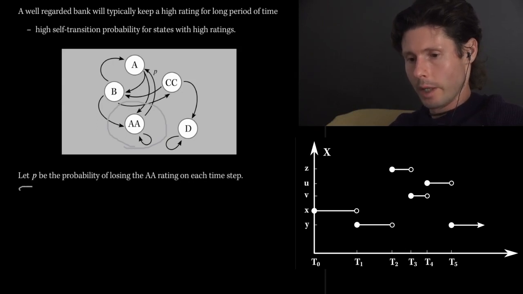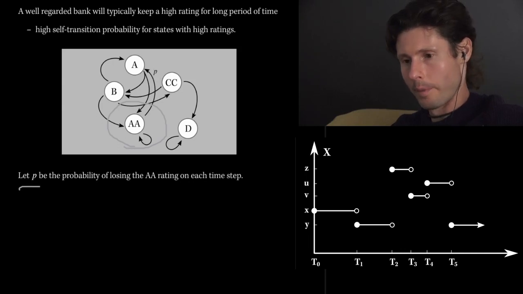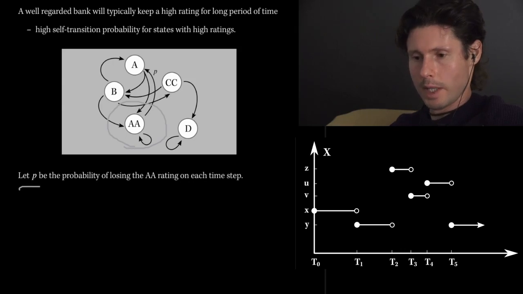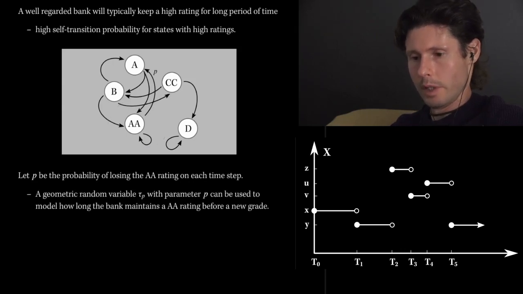We're going to let P be the probability of losing that rating. So I put P here. That's the transition to the state A, so it's not as prestigious a rating. With this self-transition and this probability P, we can model this scenario of a bank maintaining a pretty good rating. So when P is small, the bank is going to maintain the AA rating for a pretty long time.